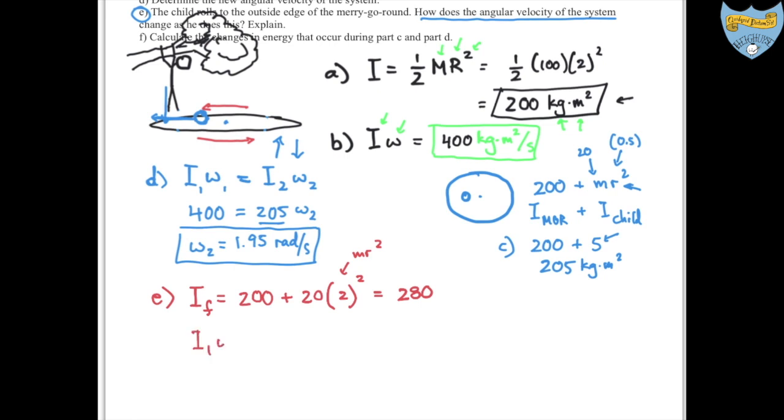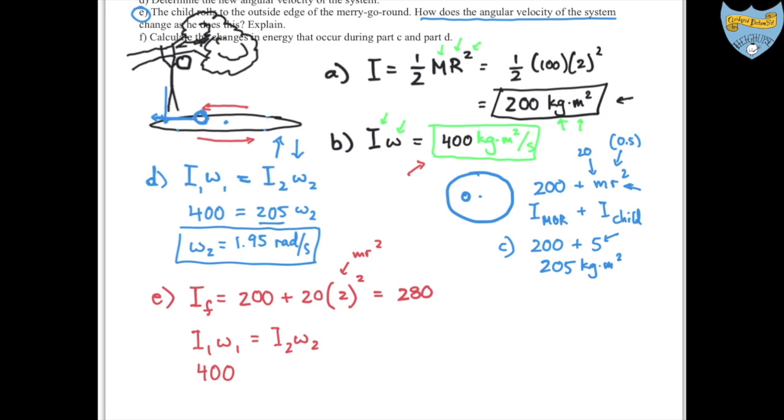Using still the deformable system model, our initial angular momentum was 400. What, still? Mr. Errico, that's what you used up in part B. Yeah, still. The point of conservation is that something's not changing. If I said angular momentum's conserved, then it's conserved. That means it's still the same.